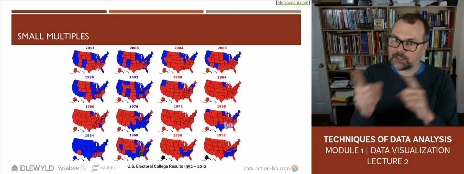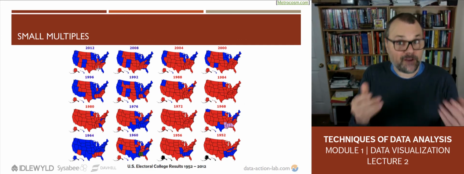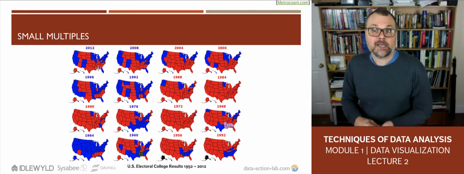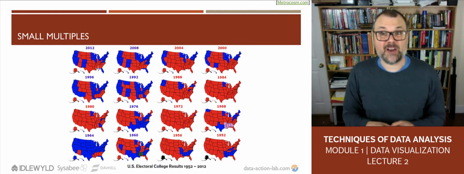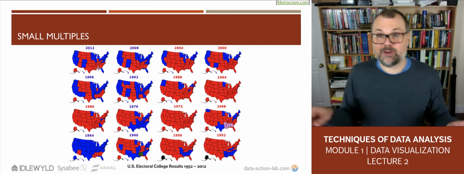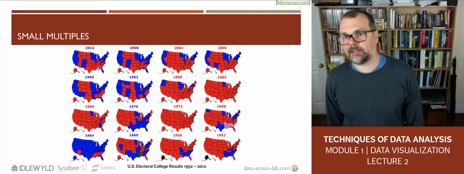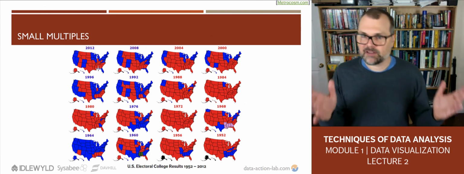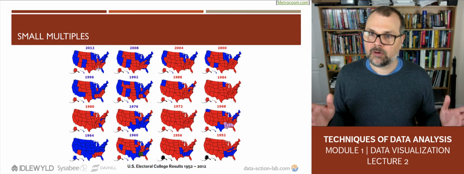And that allows us to make comparisons between various groups. Small multiples, small means, well, you probably don't want to do this if you have 300 different groups. Right? If I have an array of 300 maps, it's too complicated to tell these things apart. 16, I can put it in a 4x4. That's something that's manageable.